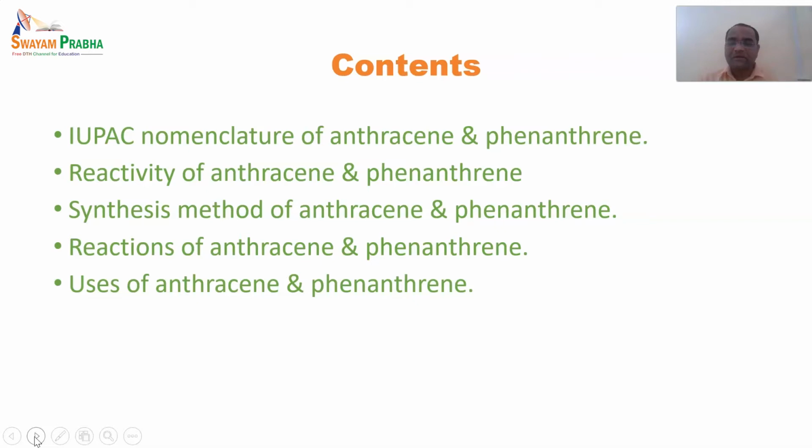The number of carbons and hydrogens is the same in both structures, but the arrangement of the rings is a little different. So we will look at them one by one.